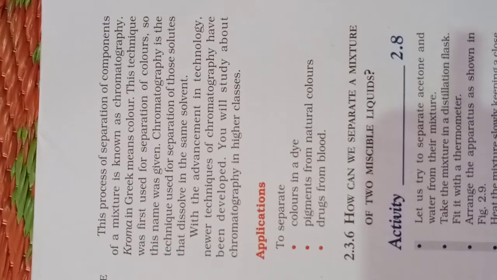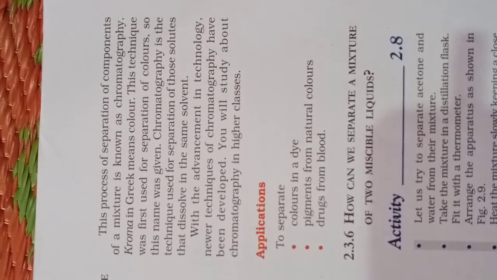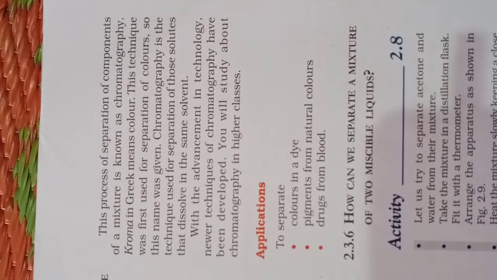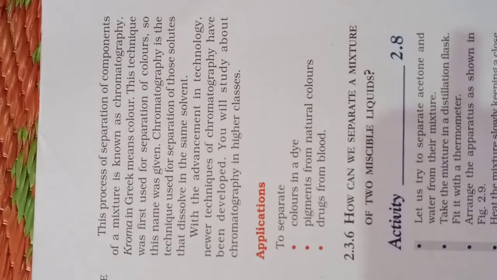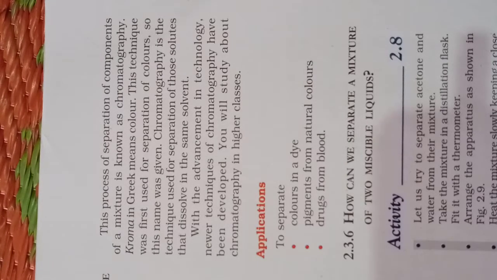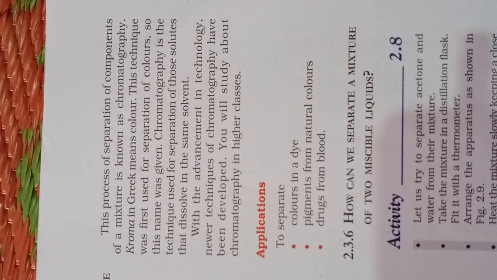If you use a column, it is called column chromatography. Like this, different techniques are there. Now let us see the applications of chromatography. Chromatography is used to separate colors in dyes, pigments from natural colors, and drugs from blood. These are the uses of chromatography.